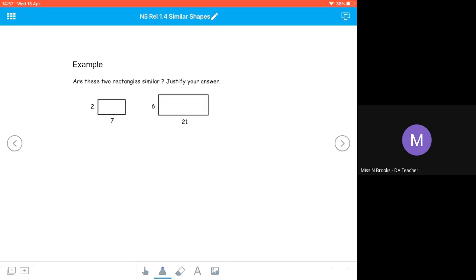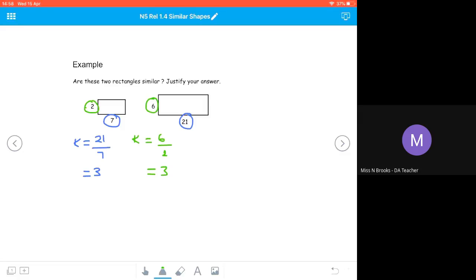So what about these 2 rectangles? Are they similar? So we're going to do the same process. We're going to look at the corresponding sides. So we're going to look at these bases, and this time we've got 21 over 7 equals 3. And then we're going to look at the other corresponding sides, and this time that's 6 over 2, and that gives us 3.